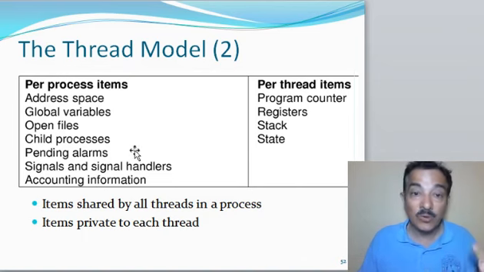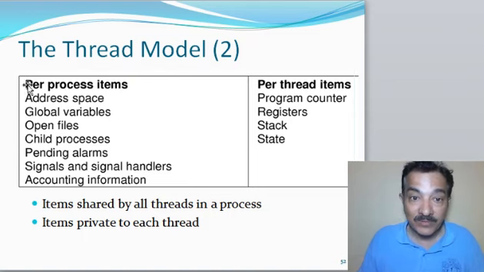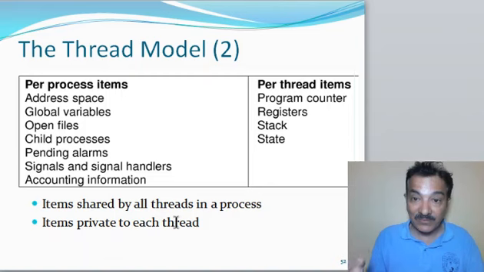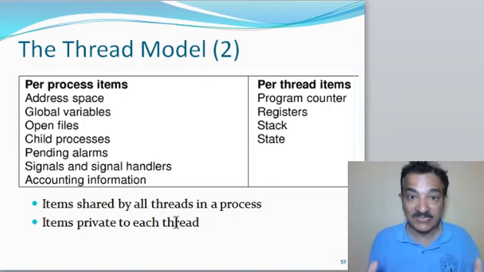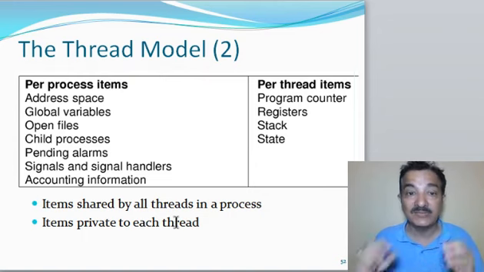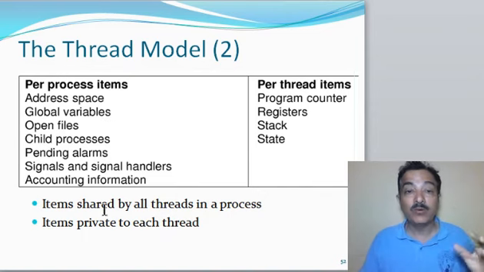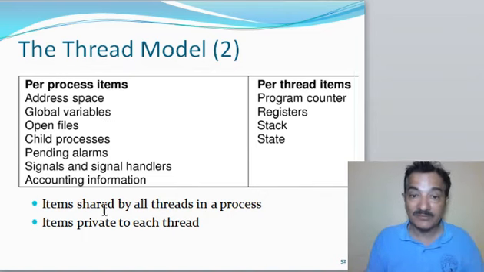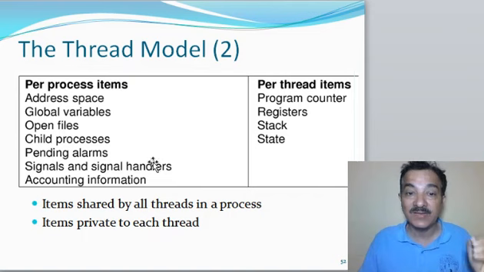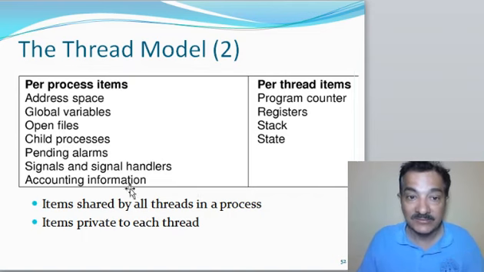Like global variables. Among the per process items, the address space, the space given for the program execution, is fixed for the process, so the same address space is used by all the threads of that particular process. Whatever global variables are declared for that process are visible in all the threads running in that process.